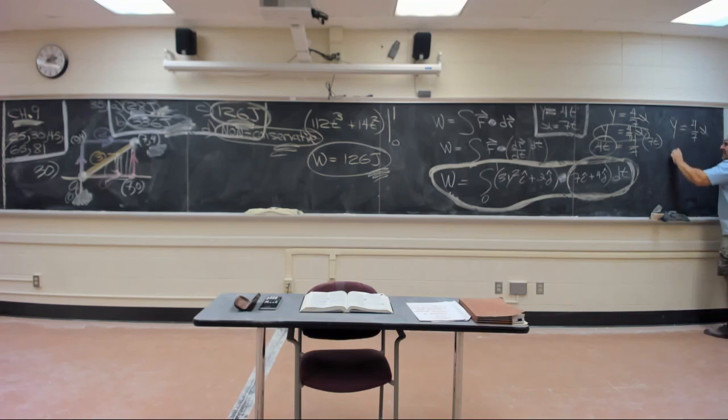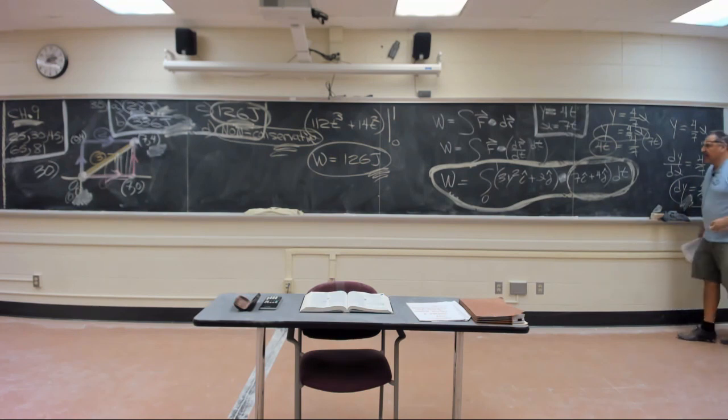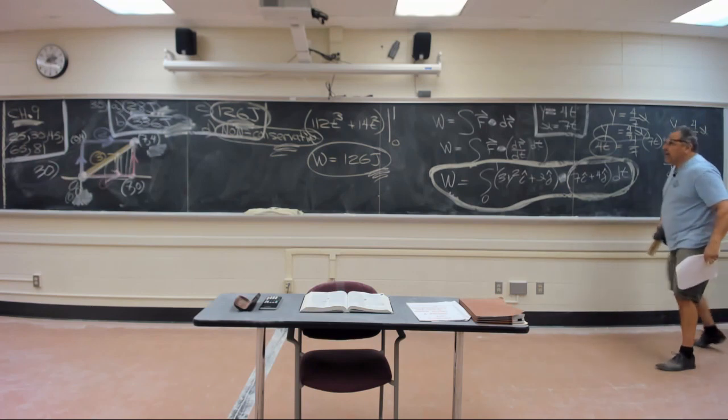If I go dy dx, I get 4/7. If I multiply by dx on each side, I get dy equals 4/7 dx. Ladies and gentlemen, take a very close look at that. That's our way out.